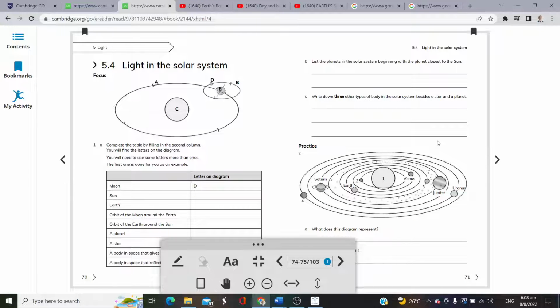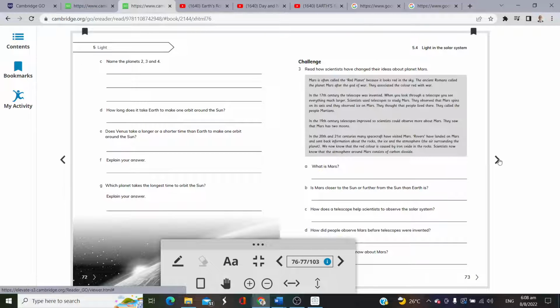I'm going to wait for you for a while. You can start from page 71 until page 74.